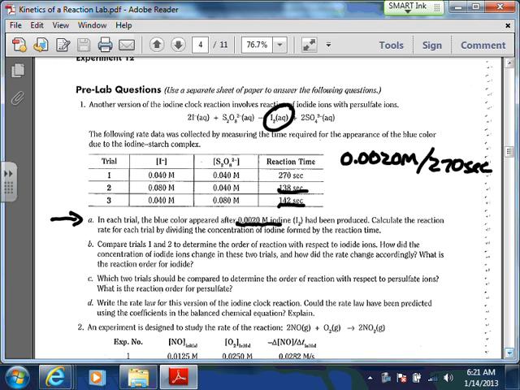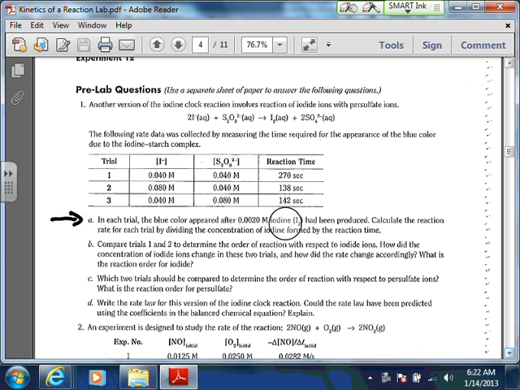Then we're going to compare trials 1 and 2 to determine the order of the reaction with respect to iodide. So after you figure out the three rates, you might even make a separate column there. Then you can do this like we've been doing our AP questions.